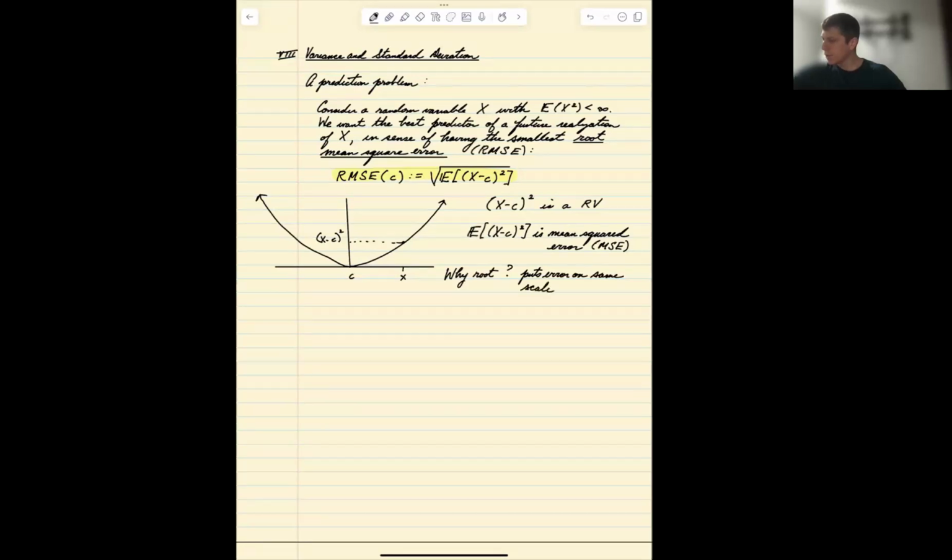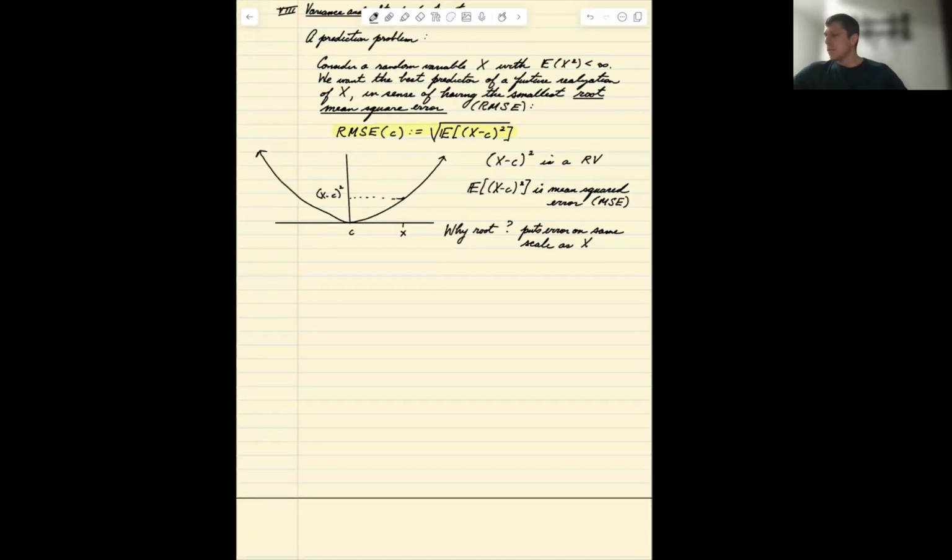For calculation purposes, the root or not the root doesn't really make a difference because it's very easy to add or take a root off. You take the root off by squaring the root mean squared error. But for interpretation purposes, it's important because it puts the error on the same scale. What do I mean by that? Suppose X is measured in, say, inches.